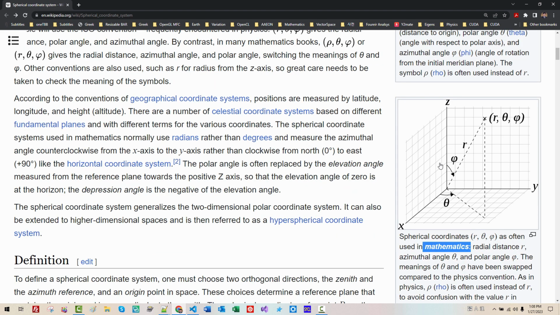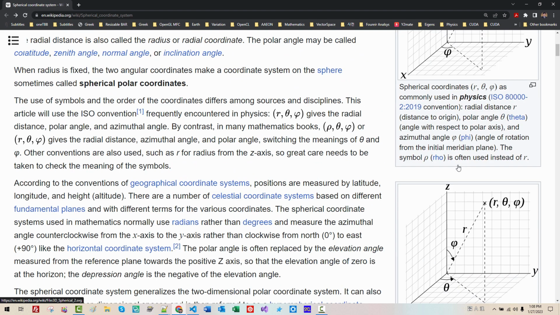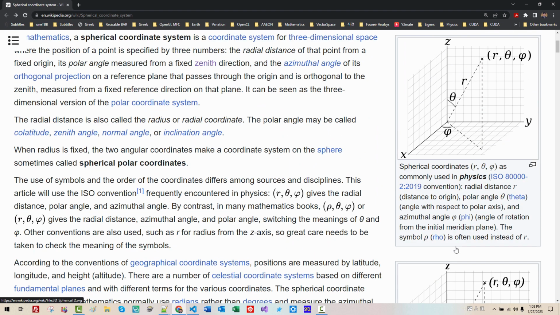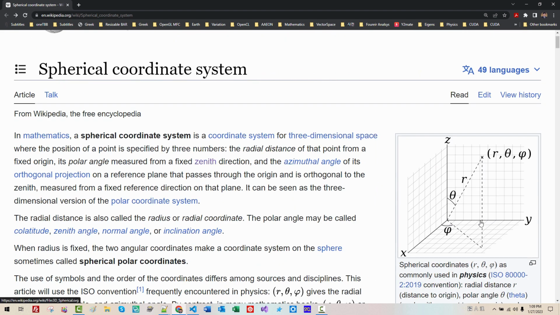You should be very careful about this. If you remember that the angle from the z-axis is called the polar angle, and the angle from the x-axis is called the azimuthal angle, you won't get confused. But if you remember the symbols themselves, you would get very confused when you apply your mathematics to the problems of physics.